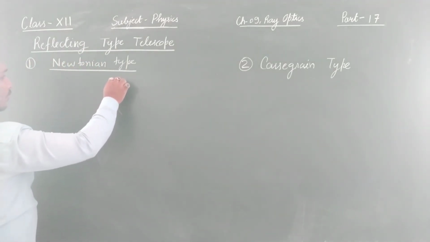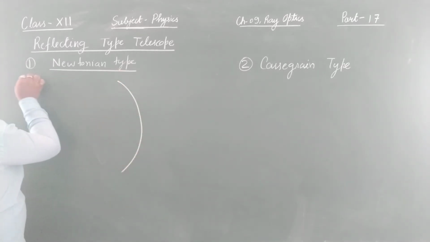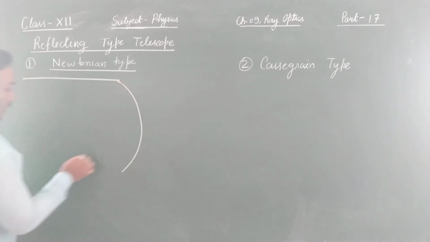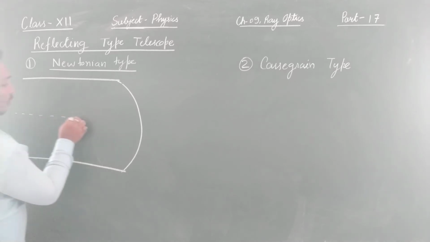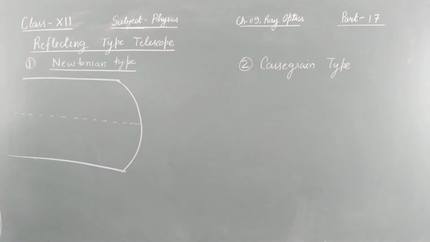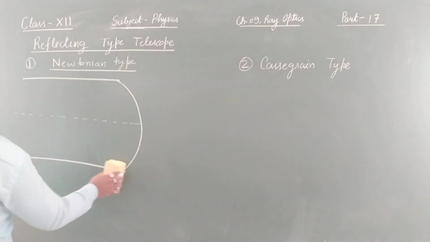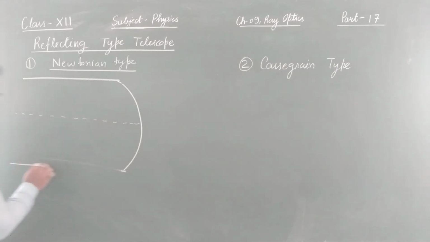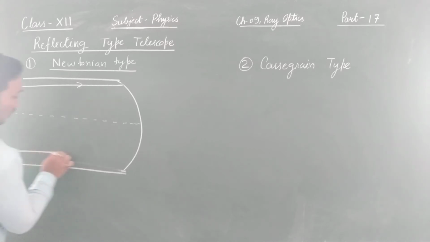In the Newtonian type, what happens? A big concave mirror we take, a very big concave mirror. Suppose the axis of the concave mirror is this. For an object which is at infinity, one ray will come like this, another ray like this.